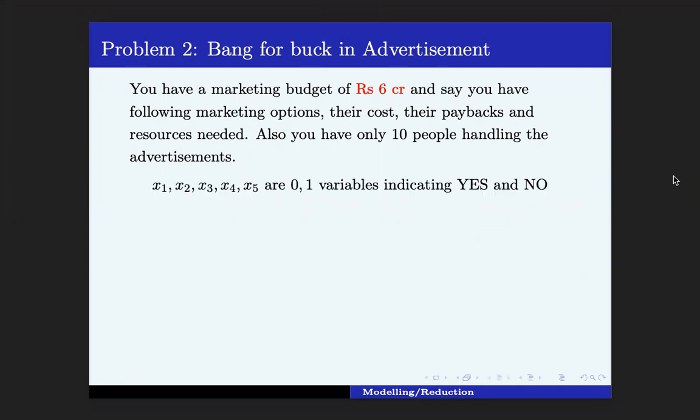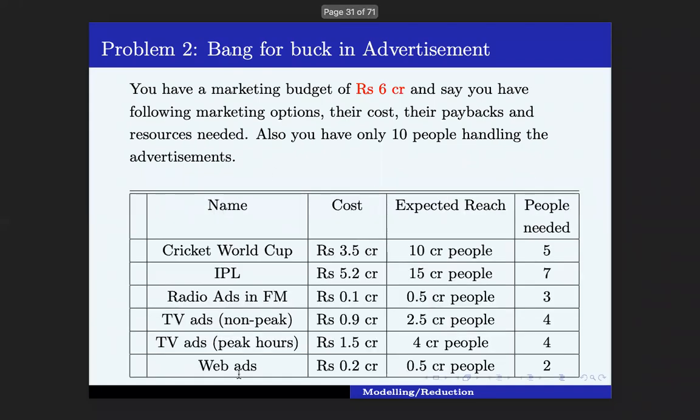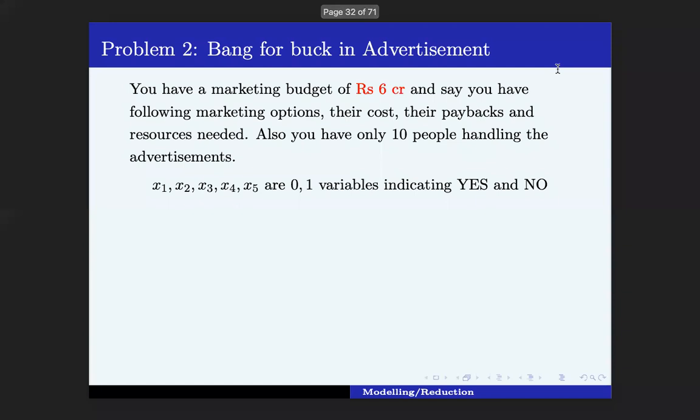So we can now have the 0, 1 variables x1, x2, x3, x4, x5, depending on which one of them I am choosing. 0 means I'm not choosing that one, 1 means I'm choosing that one.